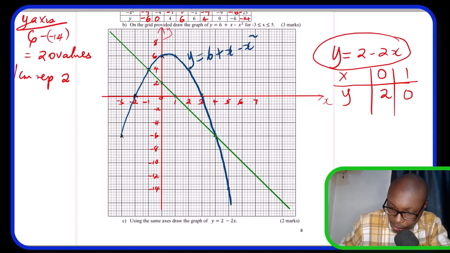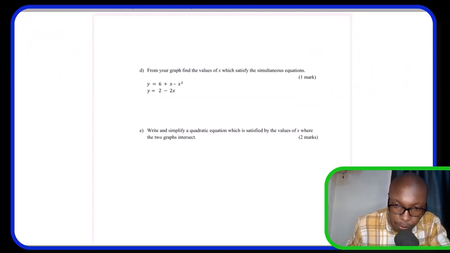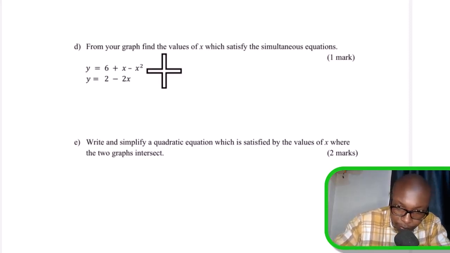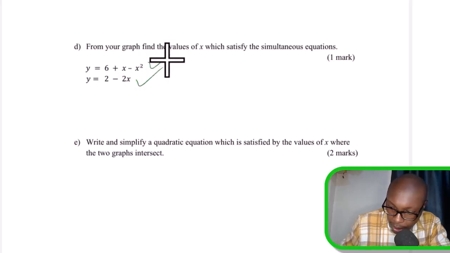Now the next question will be from your graph, that is part D, find the values of x which satisfy the simultaneous equations. To solve that question, you can see you have 2 graphs. You have this graph and you have the graph of the straight line.